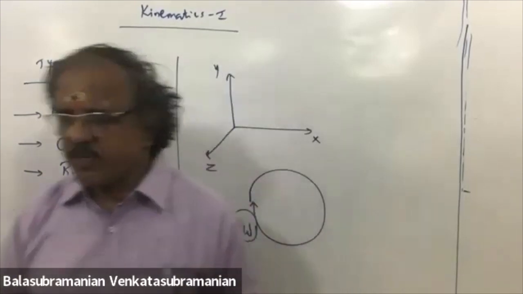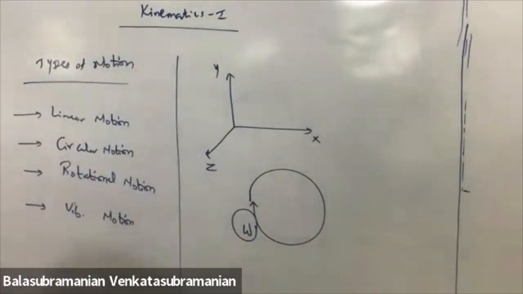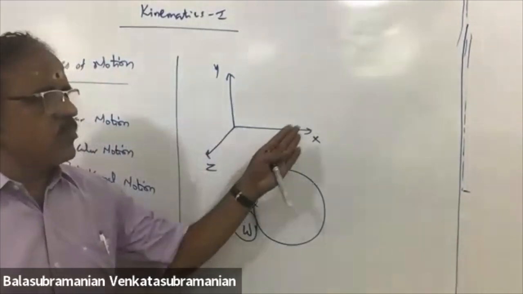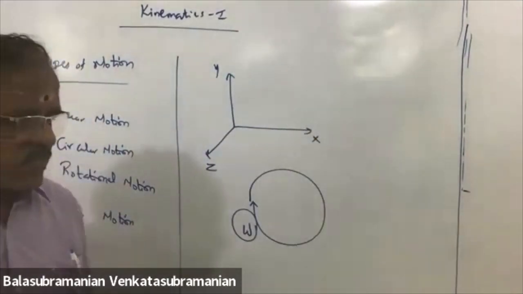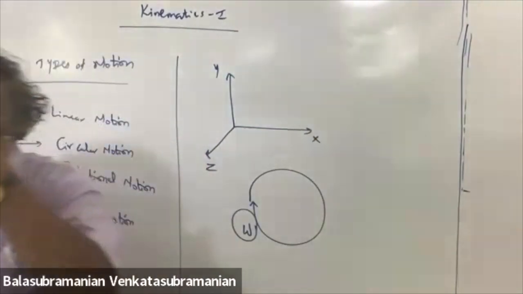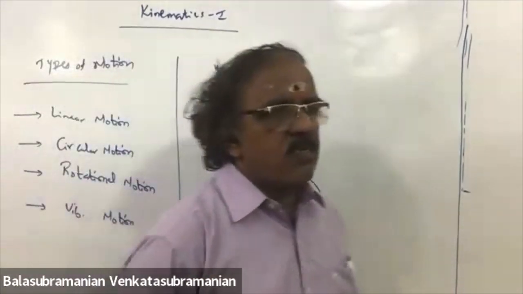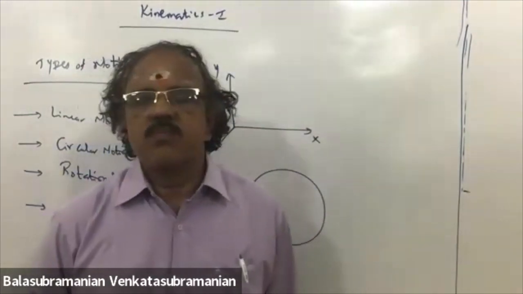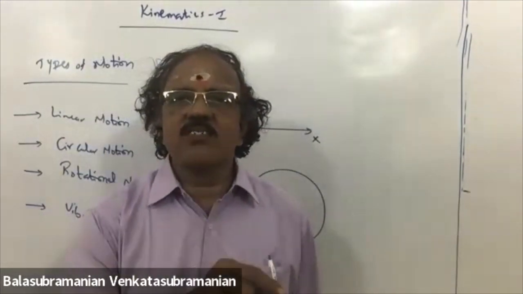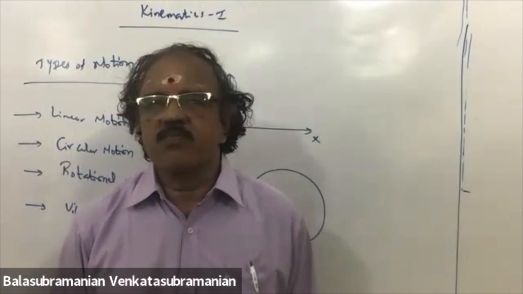So, basic information on types of motion. One-dimensional, two-dimensional and three-dimensional motion we have discussed. In three-dimensional motion, what is the velocity with which the particle is moving?